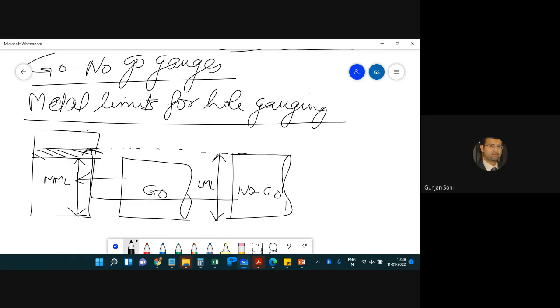So if you have to gauge a shaft, that means you will be needing a ring gauge. Like here you have plug gauges, go and no go, now you will have ring gauges which will slide over and not slide over the shaft.